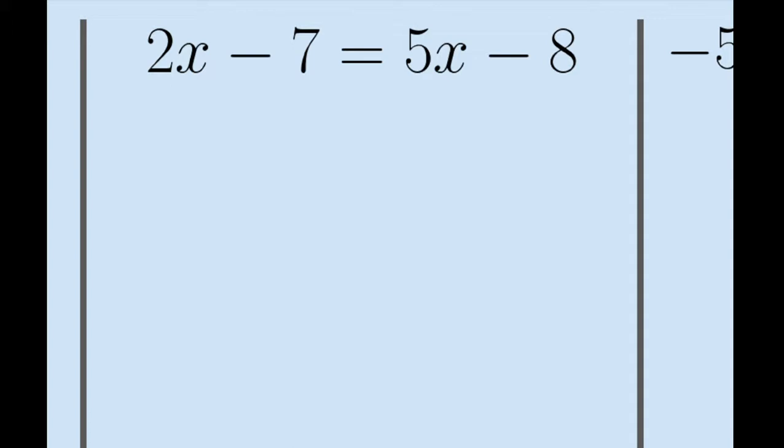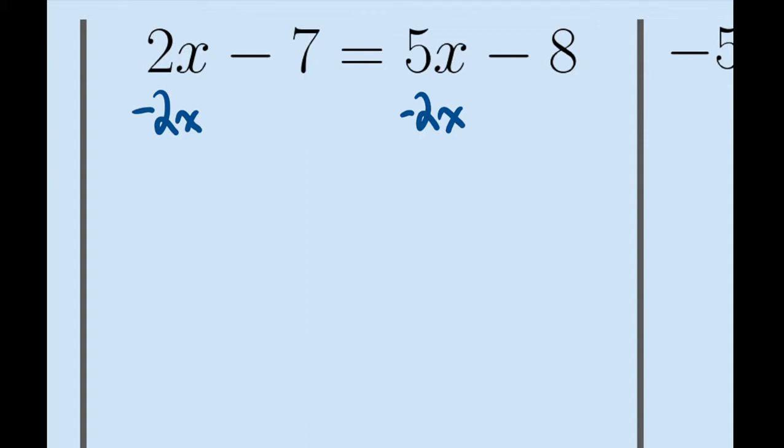You might want to choose a way where you end up with a positive coefficient, but again, it really doesn't matter. So in this case, let's keep a positive coefficient. I'm going to get rid of the 2x on the one side by subtracting 2x. I'm also going to keep it balanced by subtracting 2x from the right side.